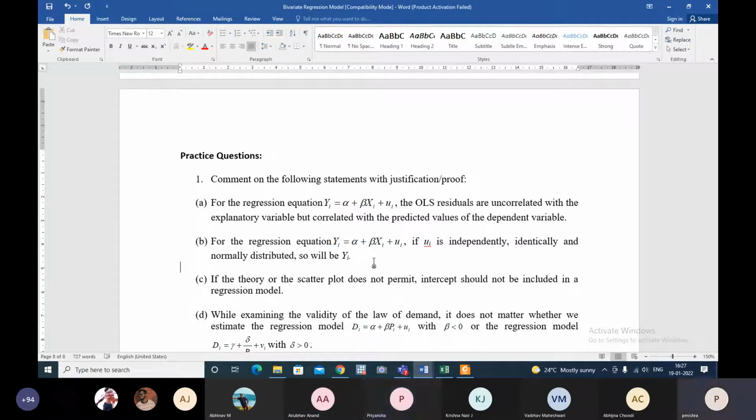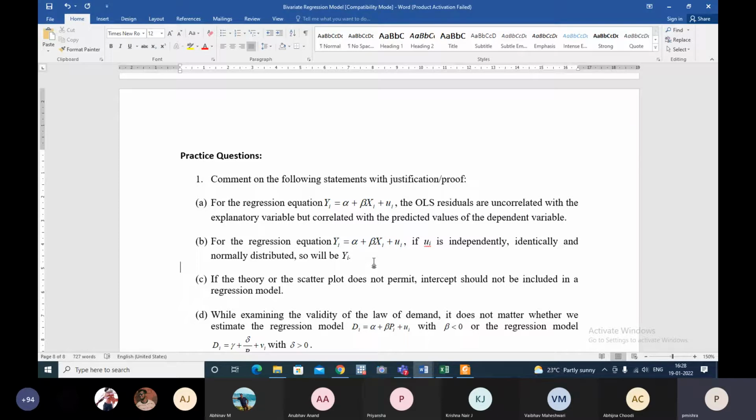See, what basically you need to do to answer this question? Following the distribution of ui, you need to derive the distribution of yi, and then you need to show that it is independently distributed, it is normally distributed, but the distribution is not identical because the mean will be varying. What is the mean? Conditional mean of yi is equal to alpha plus beta xi.